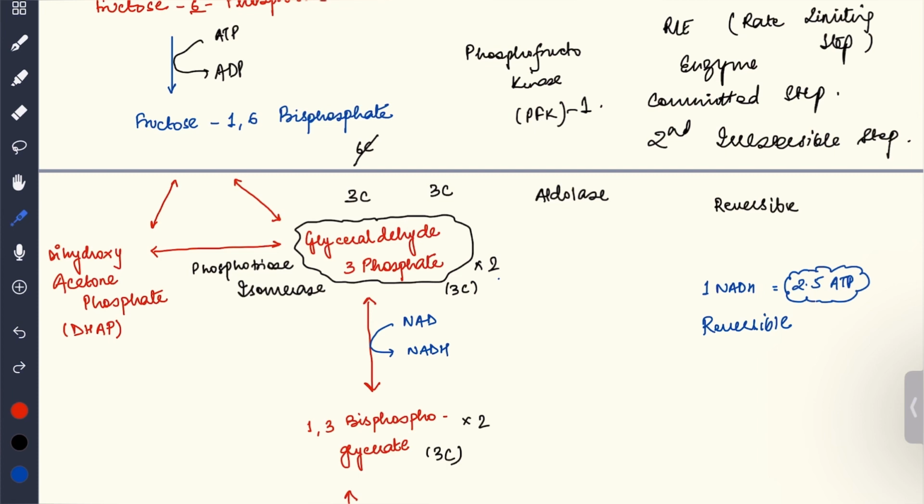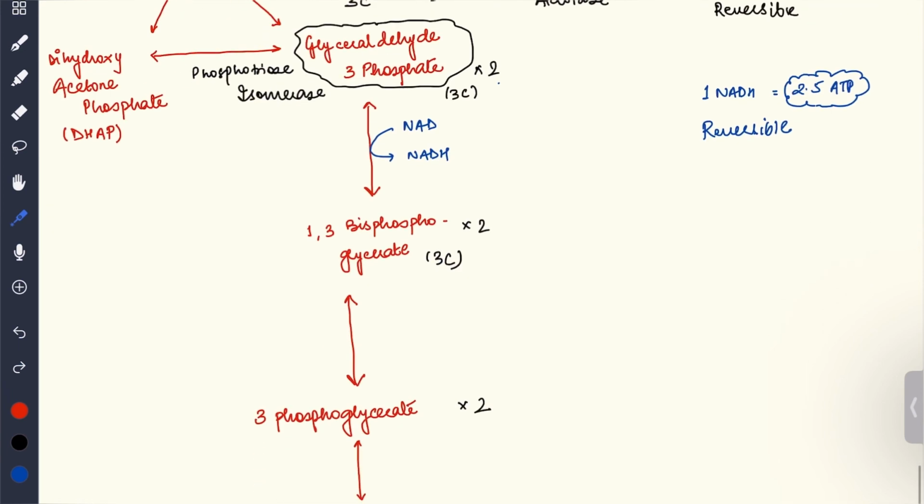Then fructose 1,6 bisphosphate forms dihydroxyacetone phosphate and glyceraldehyde 3 phosphate by the enzyme aldolase, and dihydroxyacetone phosphate will be converted into glyceraldehyde 3 phosphate because dihydroxyacetone phosphate is not in our use for glycolysis. So glyceraldehyde 3 phosphate will now be used as two compounds, and whatever we get from here will be multiplied by 2.